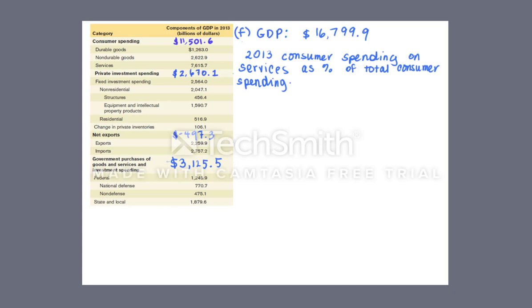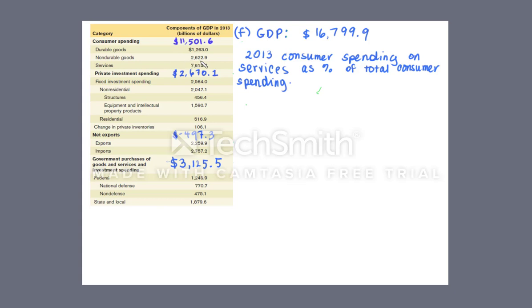Okay. So what we are really considering here is consumer spending on services. That's this number right here, 7,615.7, as a percent of total consumer spending. That is this number right here, 11,501.6 billion US dollars.